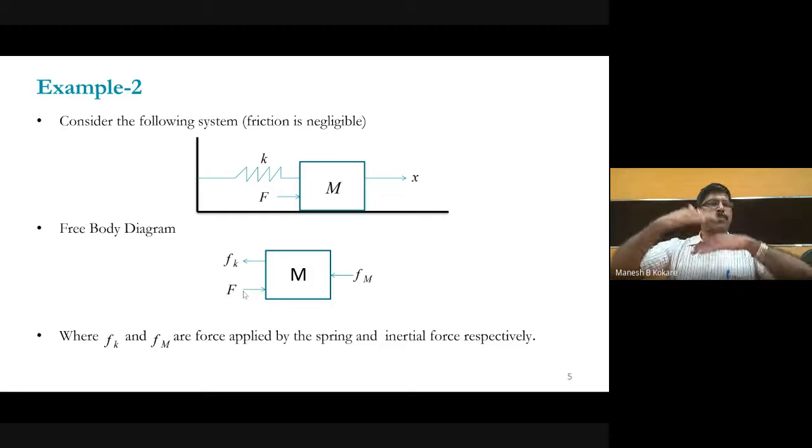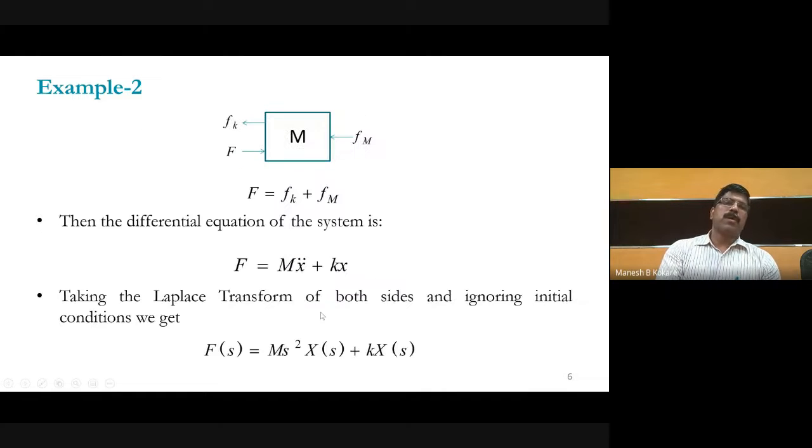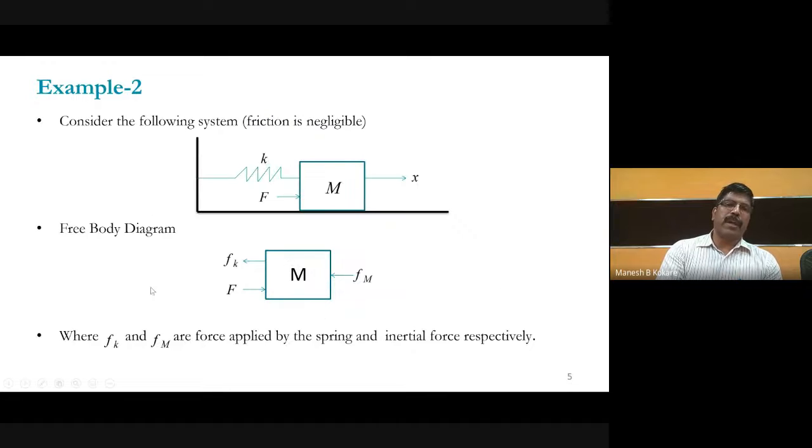So this F must be equal to, means total incoming force must be equal to total outgoing force, or F must be equal to the summation of Fk and Fm. Fk is the force applied by the spring, and Fm is the inertial force of this mass element. Okay. So this is the free body diagram we can draw for understanding purposes.